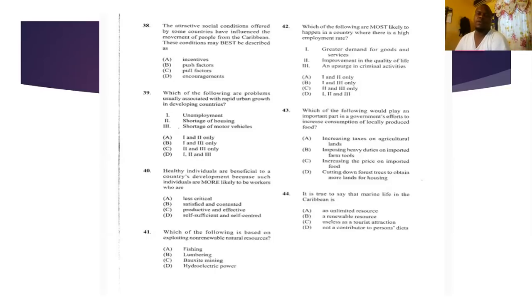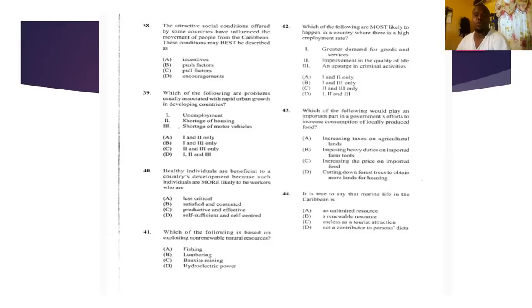42, which of the following are most likely to happen in a country where there is a high employment rate? Right? There are high levels of employment. What is most likely to happen? 1, greater demand for goods and services. 2, improvement in the quality of life, or 3, an upsurge in criminal activities. We know if there are high levels of employment, persons are going to be less likely to turn to crime.